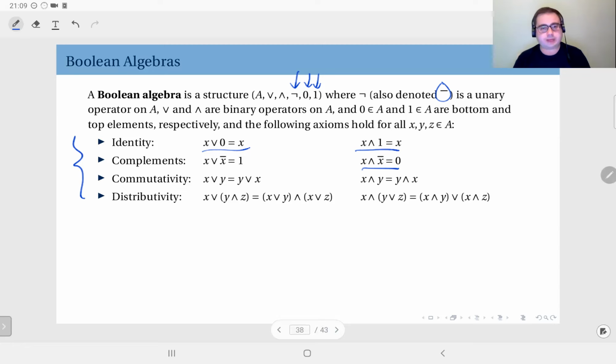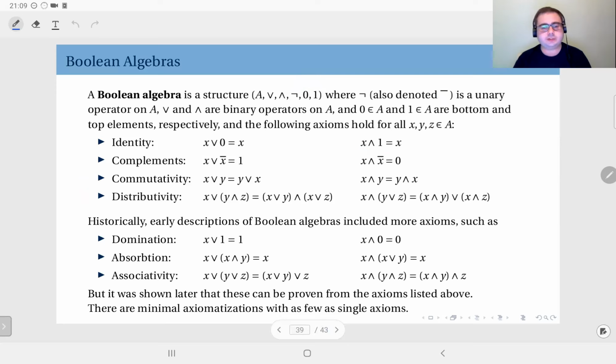Now, these are the four axioms for the definition of a Boolean algebra. Historically, the earlier definitions had actually more axioms, but later on, people have discovered that some of those actually can be proven using these set of axioms. Okay, for instance, domination.